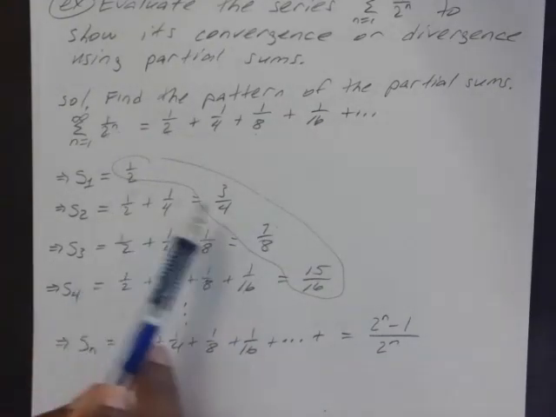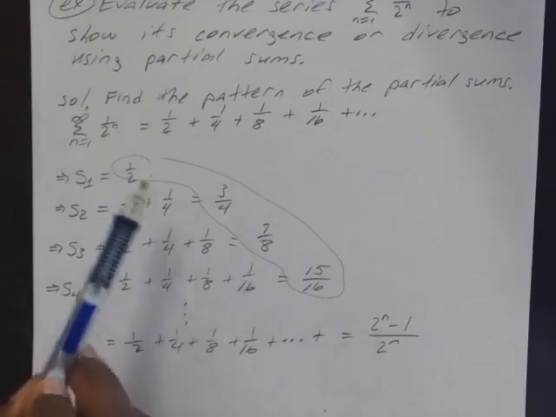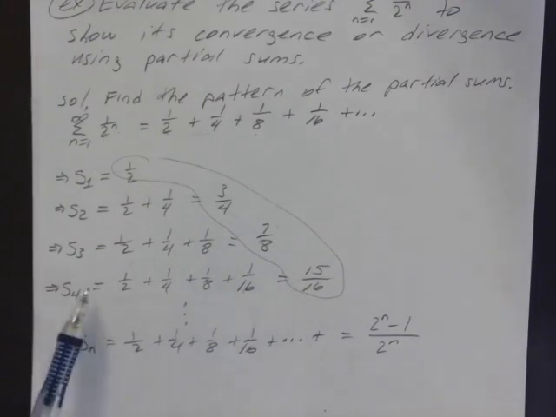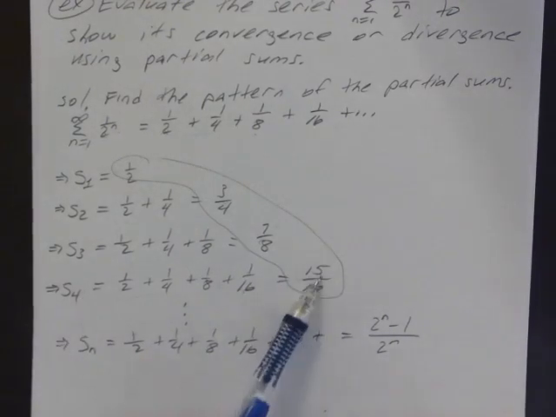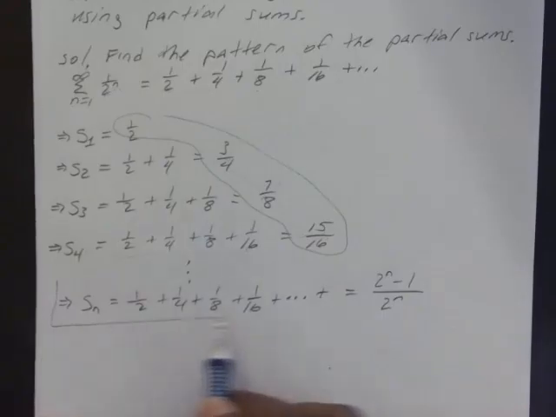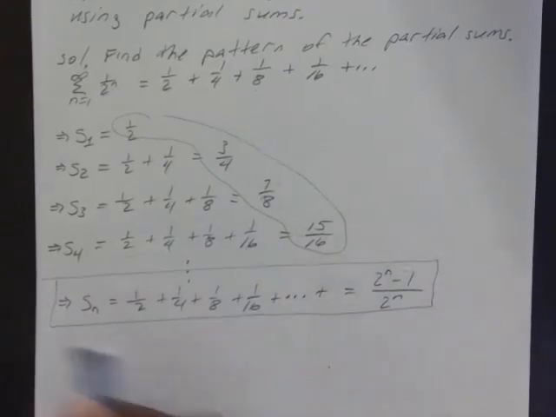Or really, even if you didn't want to come up with this formula, you can look and see that this number is just getting closer and closer to 1. So the more values you plug in, your partial sums will just keep getting closer and closer to 1. This part here was a little bit of extra.